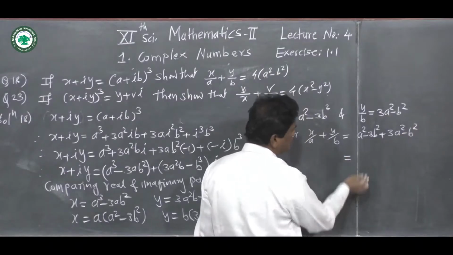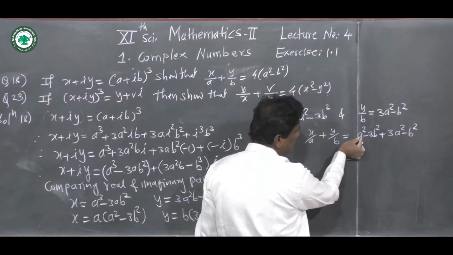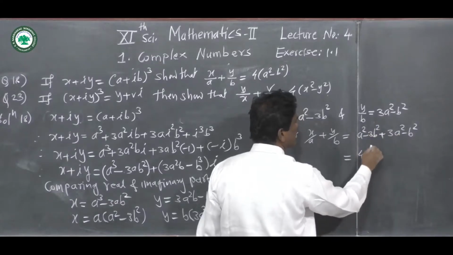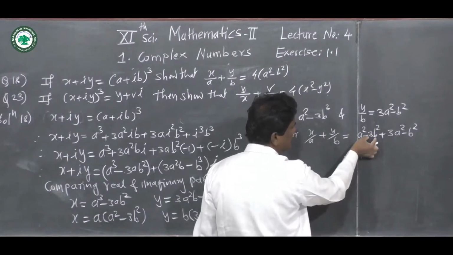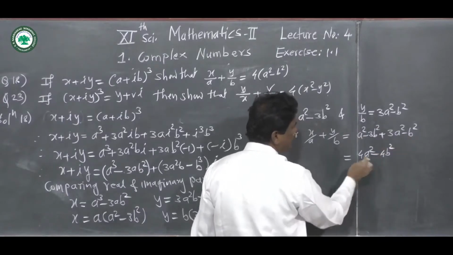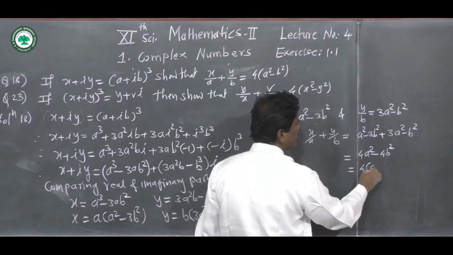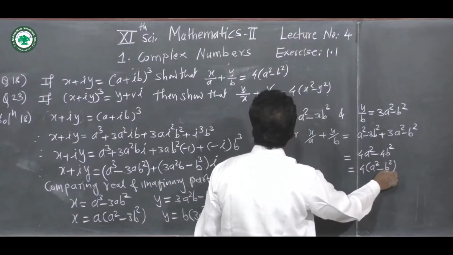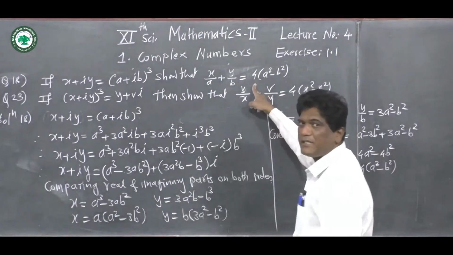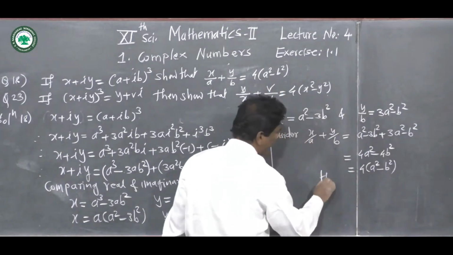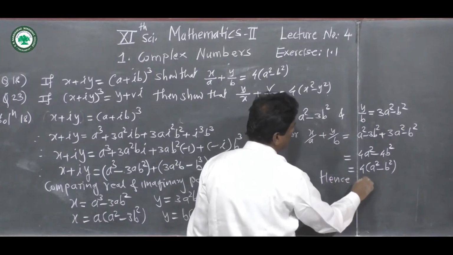So it is equal to a^2 plus 3a^2, that is 4a^2, and minus 3b^2 minus b^2, that is minus 4b^2. Now take 4 common, so 4(a^2 minus b^2), which is what we have to show. Hence proved.